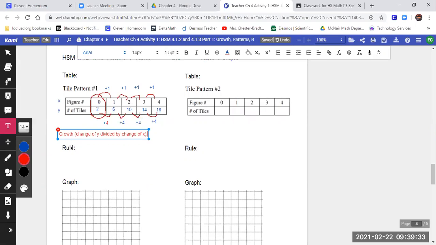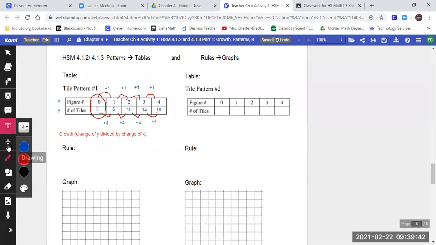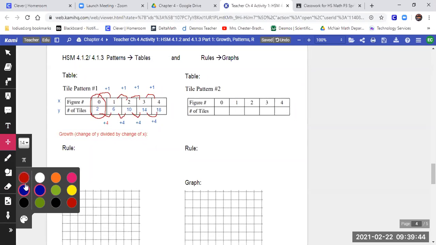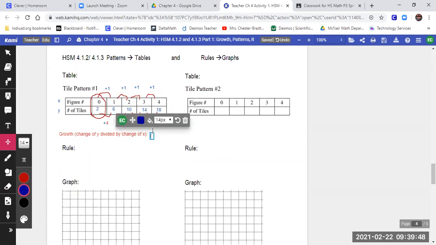But we have to keep reminding ourselves of that change in y over change in x because it's going to become a big deal, okay? What is the change in y? What's happening with the y's? Y's are increasing by 4 each time, right?